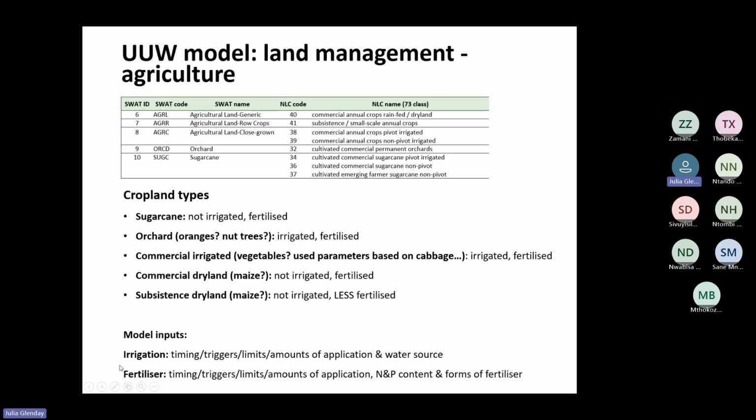So what the model needs for these different types is either specified times and amounts of irrigation, or triggers within certain seasons, and then where the water is being drawn from for different irrigated areas. The easiest is to say that it's drawn from the stream in the same subcatchment that it is in, but you can also draw it from groundwater, which is also simple.